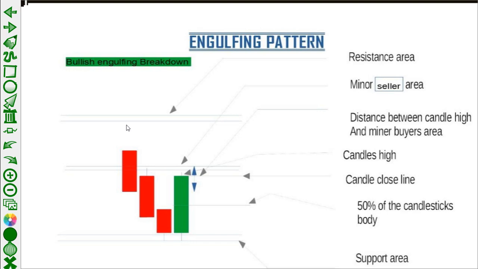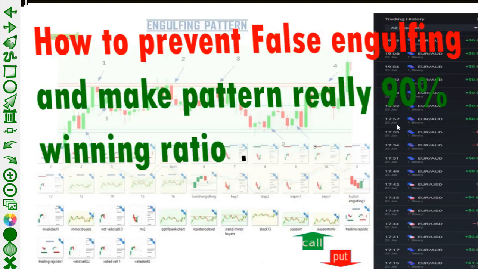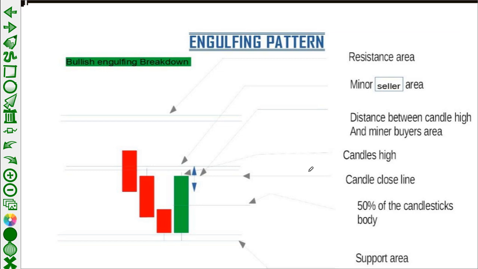Even though there are some chances of winning these call options, we are not going to take this trade because here we want to increase the accuracy of the pattern. Similarly, now we are going to trace the bearish engulfing candle, whether we need to take the trade or not.